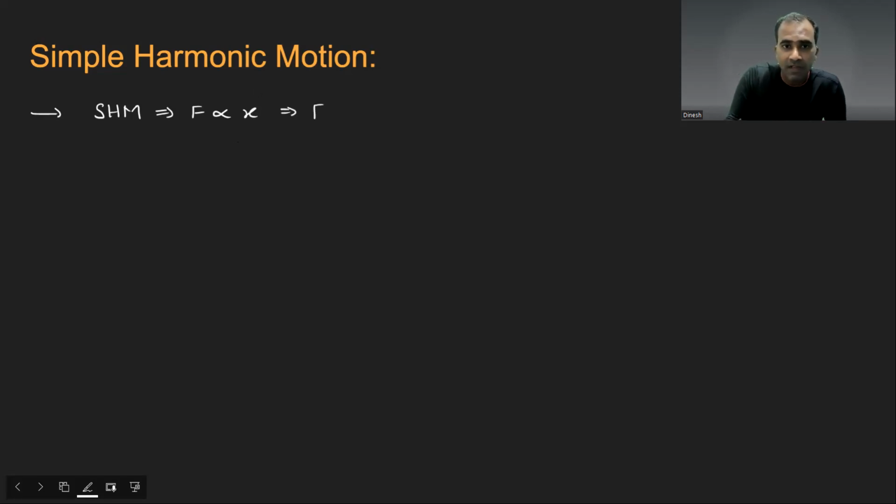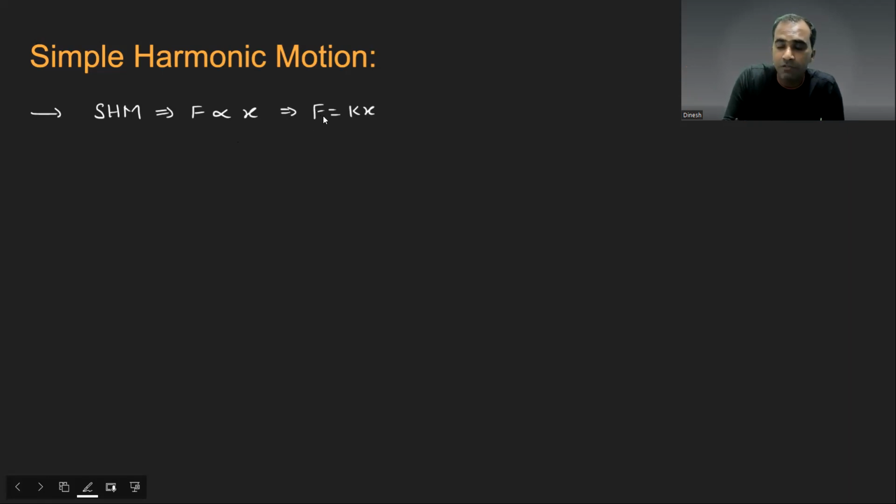So proportionality, we can write as equality as F equal to kx. But we know that displacement and restoring force, this is not just force, this is restoring force. What is this restoring force trying to restore? It is trying to restore the position to the equilibrium position. Equilibrium position is always a stable position. If a particle is at the equilibrium position, even if you disturb it, it will try to come back to the equilibrium position.